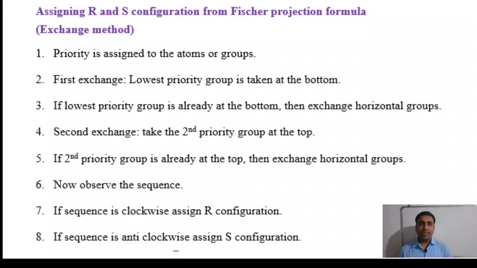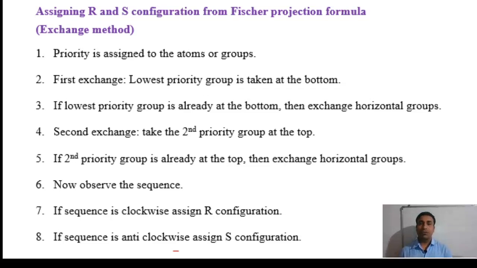Then the second exchange is done. In the second exchange, the second priority group is taken at the top. And if the second priority group is already at the top, then again we shall exchange the horizontal groups.